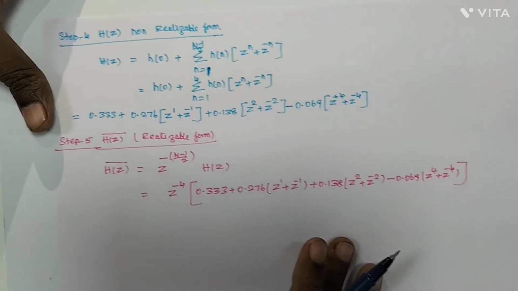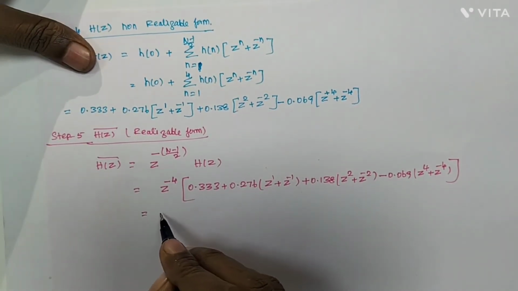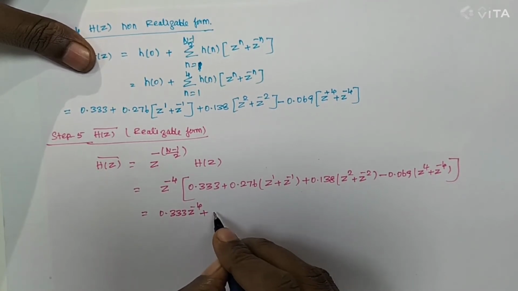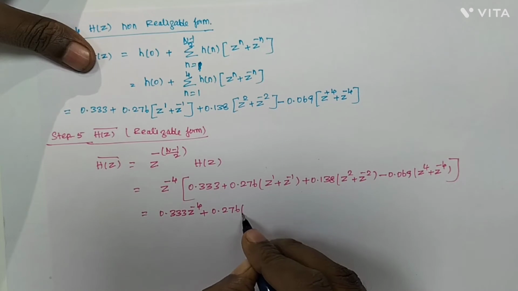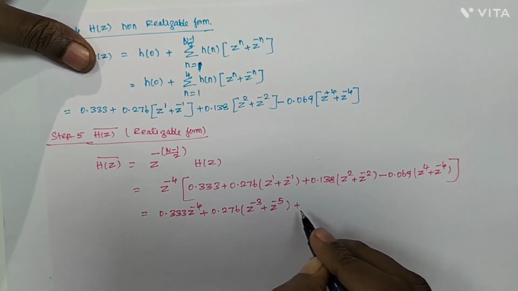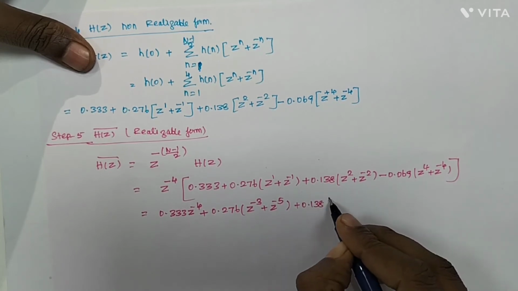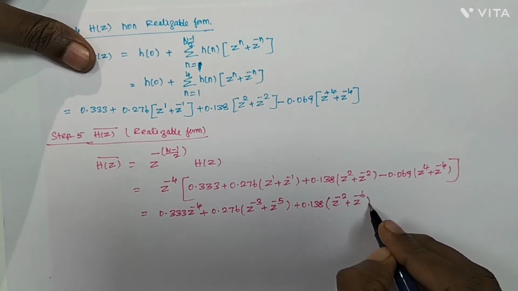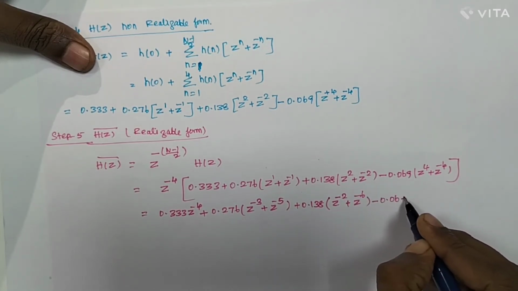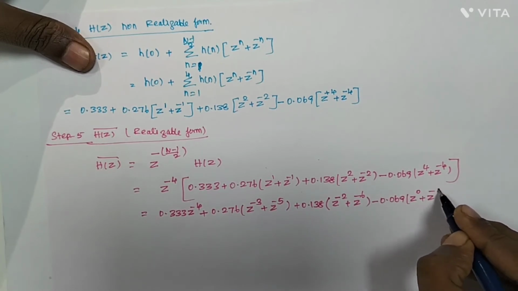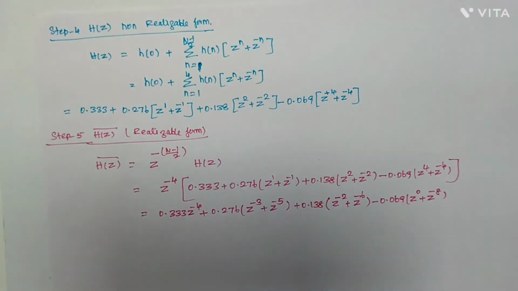Multiplying by z power minus 4, it is equal to 0.333 z power minus 4 plus 0.276 into z power minus 3 plus z power minus 5 plus 0.138 z power minus 2 plus z power minus 6 minus 0.069 z power 0 plus z power minus 8. So this is the transfer function of an FIR filter which is in realizable form.